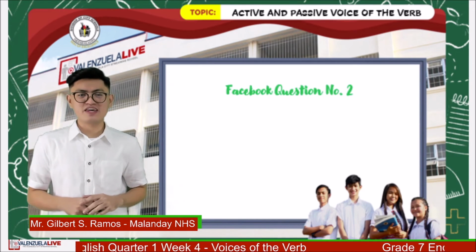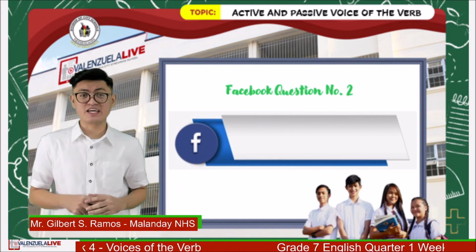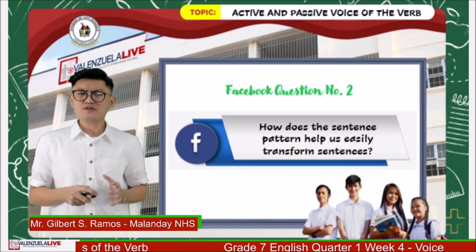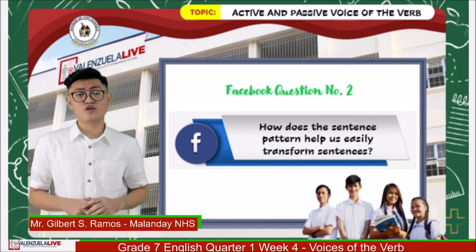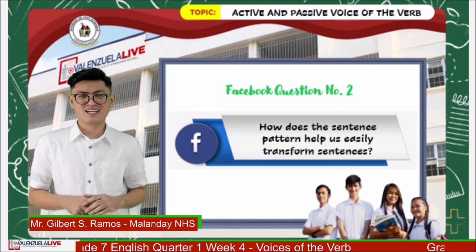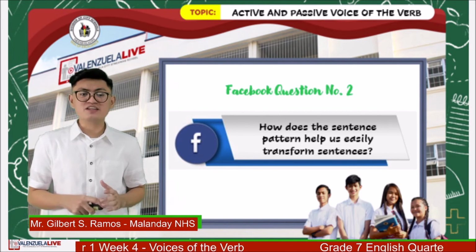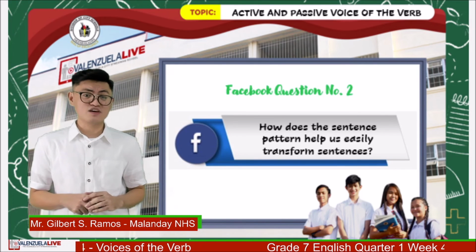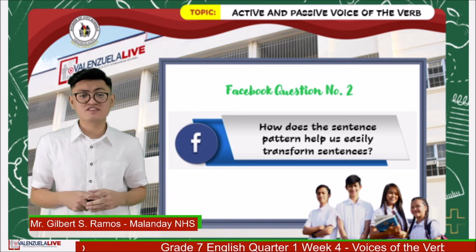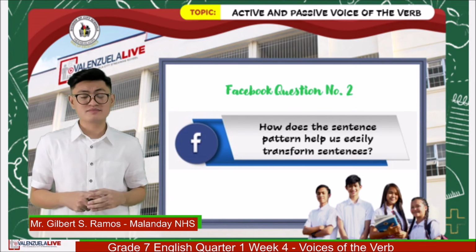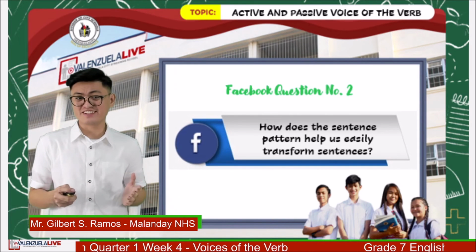Question number 2 is from Veinte Reales National High School. And the question is, how does the sentence pattern help us easily transform sentences? In understanding the voices of the verb, you need to recall your lessons on the past participle of the verb, pronouns as subject and object, aspects and tenses of verb, and sentence pattern.